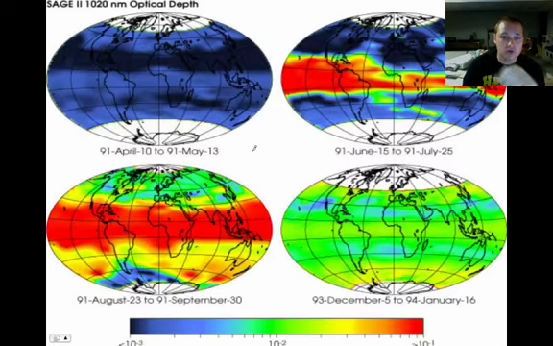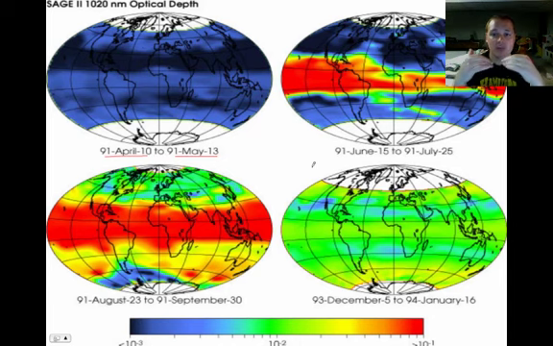For example, when Mount Pinatubo erupted, which is in the Philippines area, you can see over the course of time and year what was physically taking place, and that was an actual change in the temperatures and how they were being affected based upon the amount of dust that was in the air.